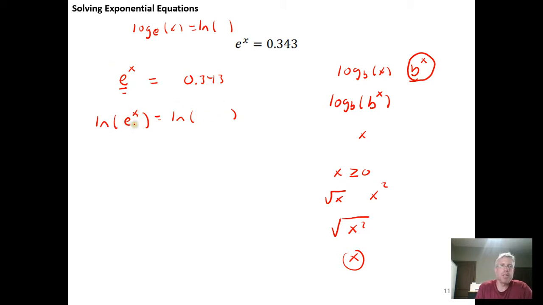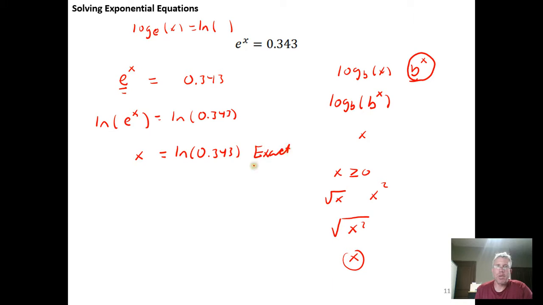We'll input e to the x into the natural log function. We'll input 0.343 into the natural log function. And the log base e will cancel exponentiation base e and give us the x out. The input variable pops out and we get x equals the natural log of 0.343.